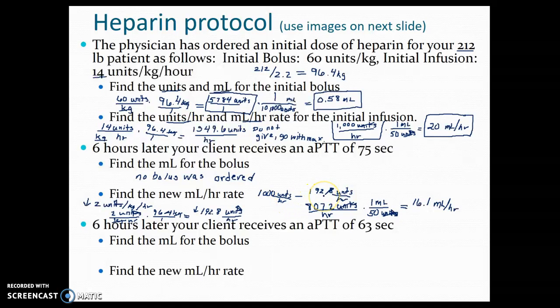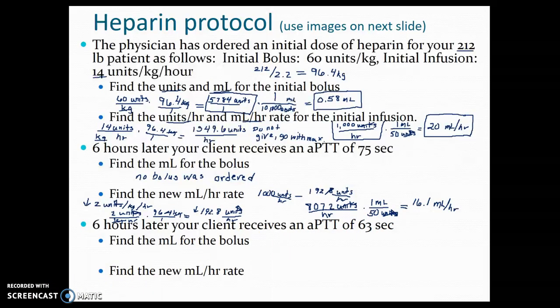We wanted to decrease that. We subtracted and we got the 807.2 units per hour. Then we were able to convert that over to milliliters using our IV bag. We rounded to tenths. So another 6 hours goes by, and our patient gets a new APTT of 63 seconds.